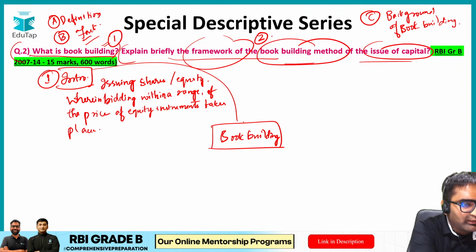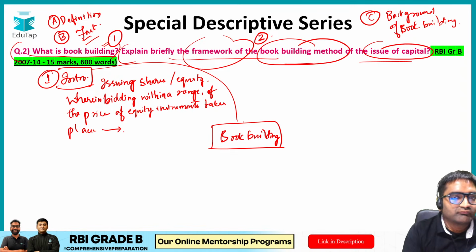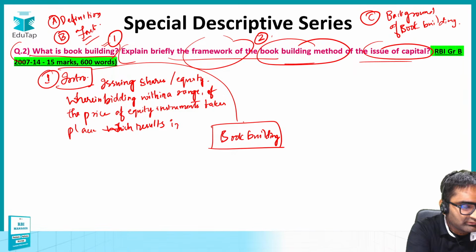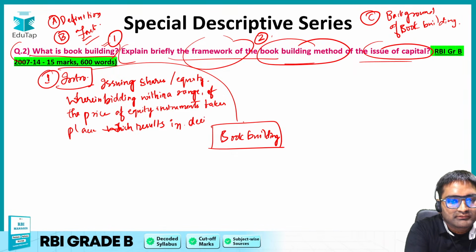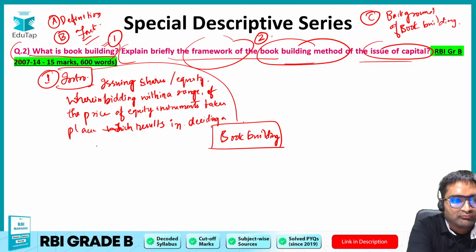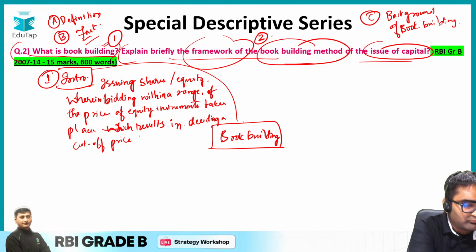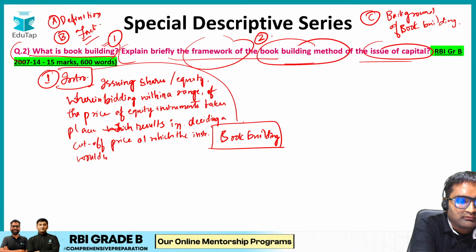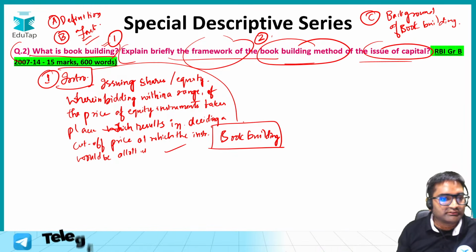And what is the result of it? It results in deciding a cutoff price at which the instruments would be allotted.